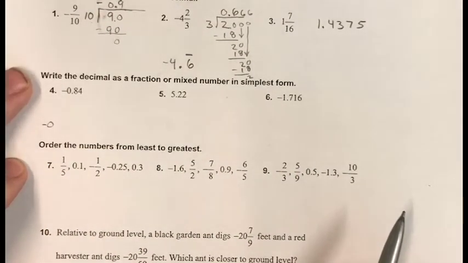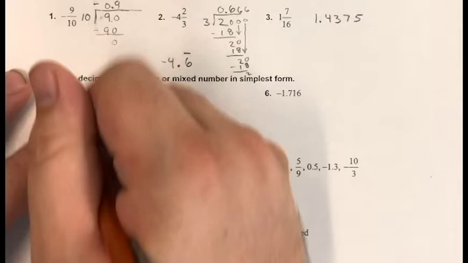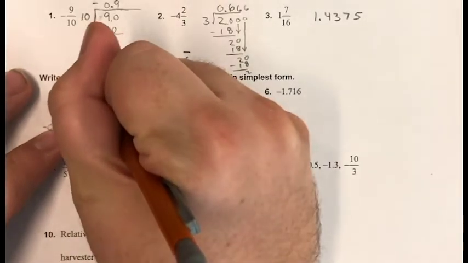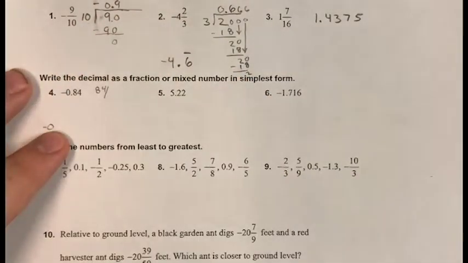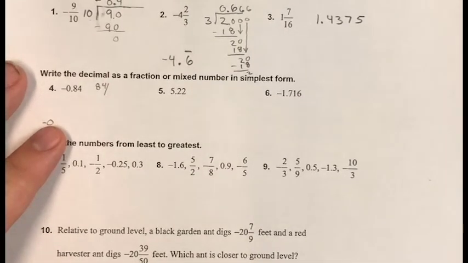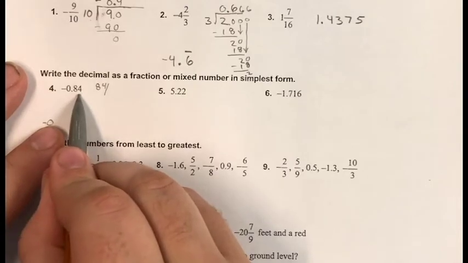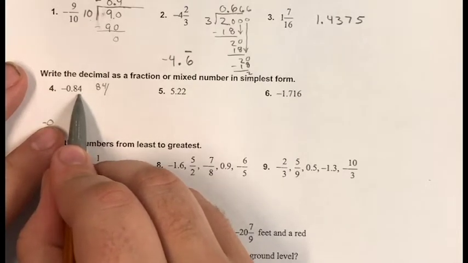Step 2, write the digits after the decimal as the numerator. So the digits after the decimal are 84. So I'm going to write that as a numerator, okay? And then it says to do the following. Write the very last digit's place value as the denominator.